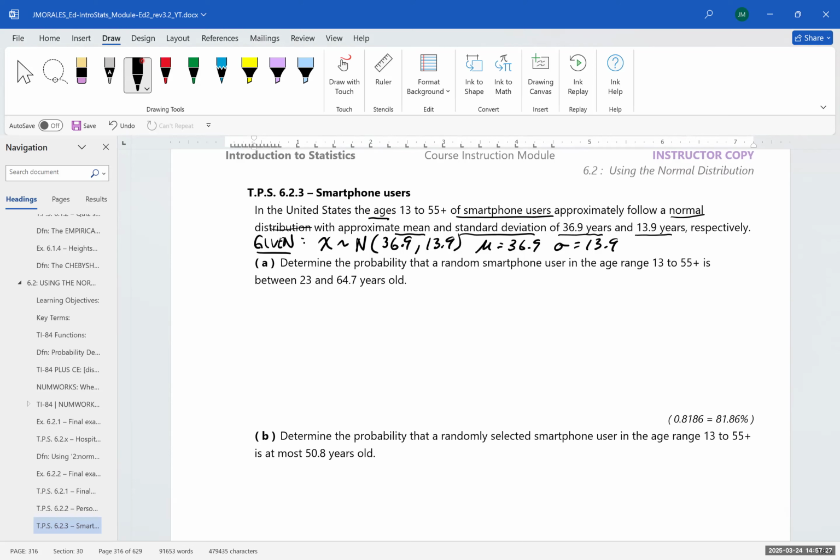Okay, so let's go ahead and maybe draw that. Just do your best to sketch it. So we have a mean of 36.9. And let's use the calculator here really quick.